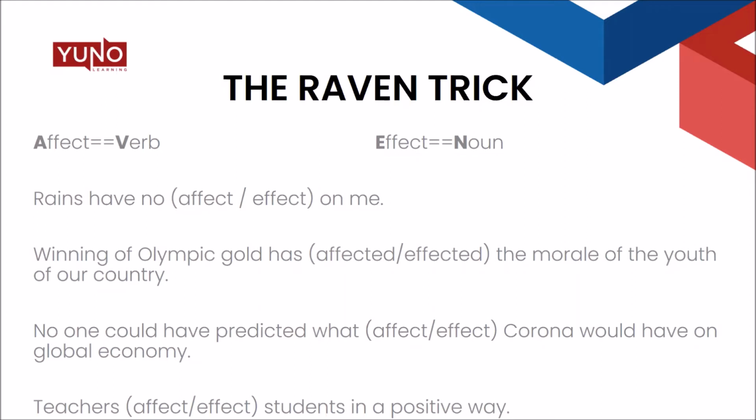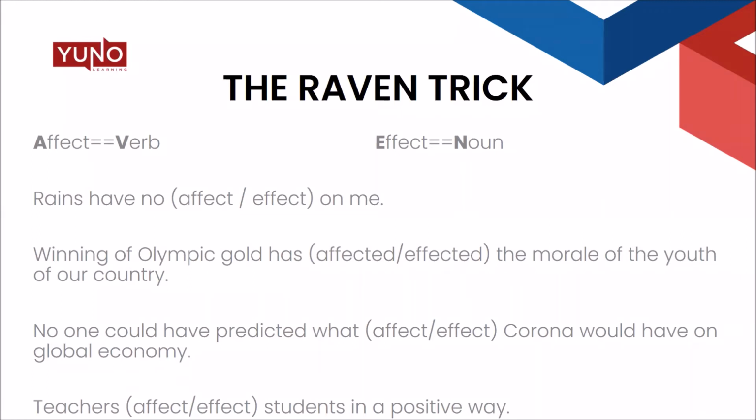And Raven, if you happen to read novels or dramas written by Shakespeare, there is a lot of reference to Raven in the context of black magic, some secret potions, occult, etc. So in the Raven, forget the letter R. On this slide, I have written affect is a verb and effect is a noun.